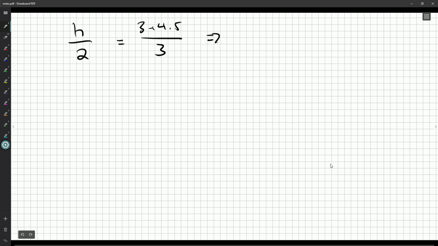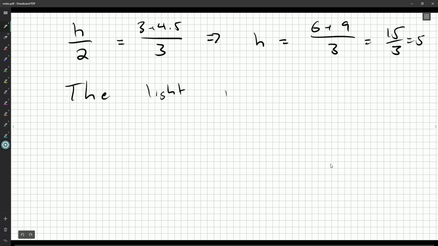So my height is to the man's height as the distance from the tip of the shadow, which is the man's shadow plus the distance he is from the lamppost, is to the man's shadow. Multiply both sides by 2. You'll get H is 6 plus 9 over 3, that'll be 15 over 3. And so the street light is 5 meters high.